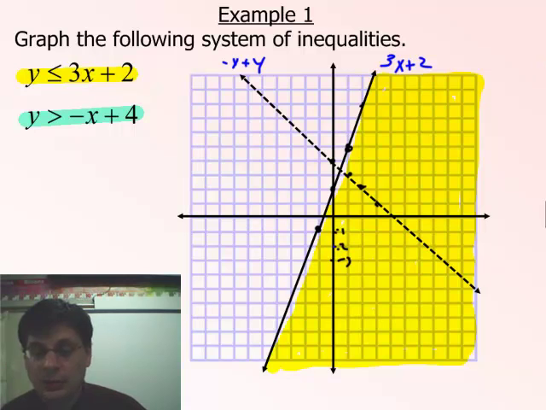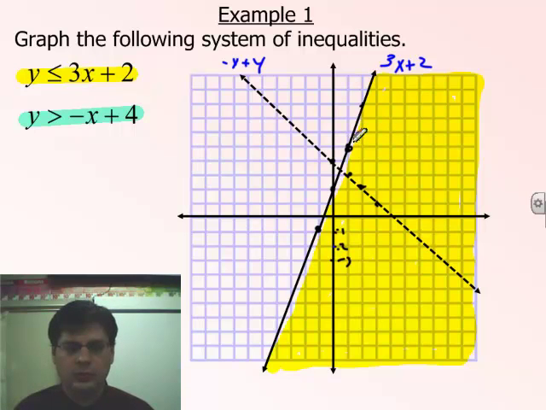I would suggest that you use a different color when you shade this. If you shaded one way here, you can shade using horizontal lines in the other one, if you only have a pencil or a single color pen. And so we're going to get everything above this line.